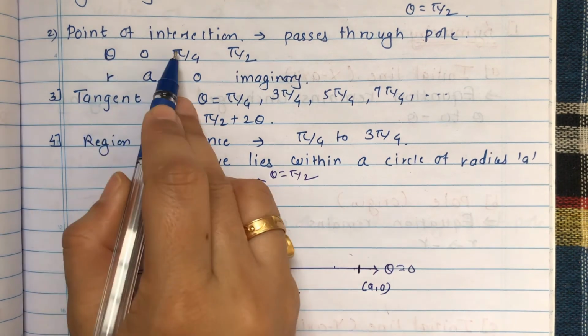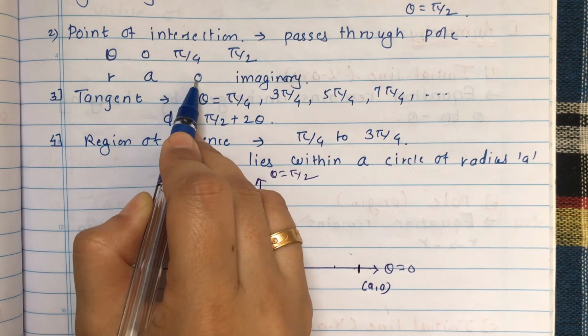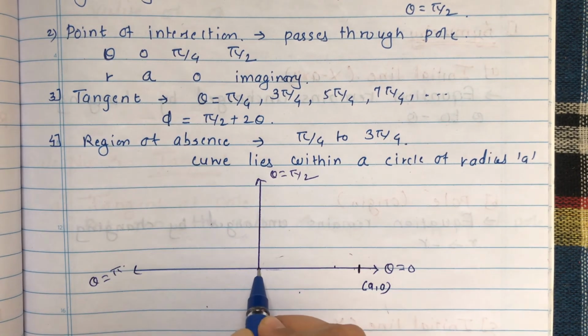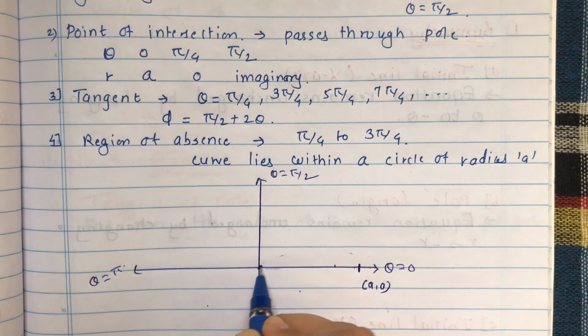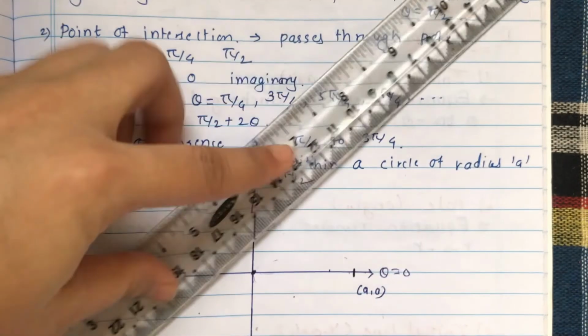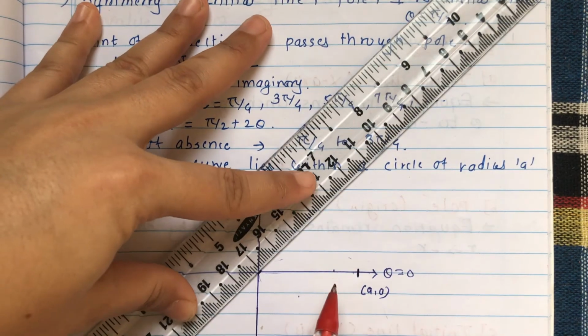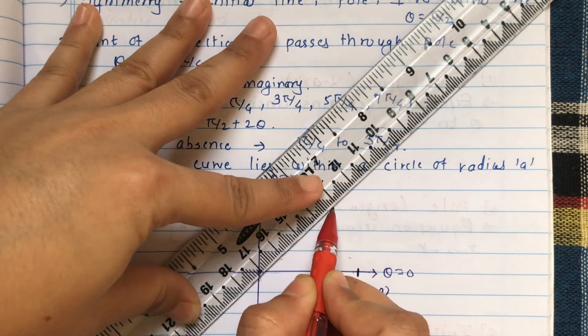Next, when theta is equal to pi by 4, r is 0. So when theta is equal to pi by 4, this will be the point. Okay, let us draw theta is equal to pi by 4.